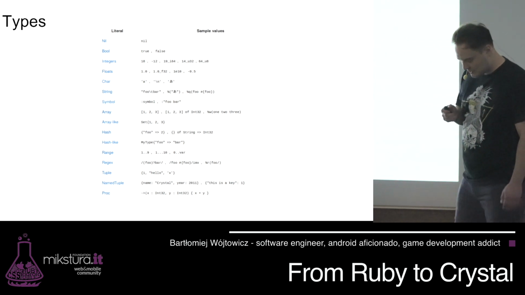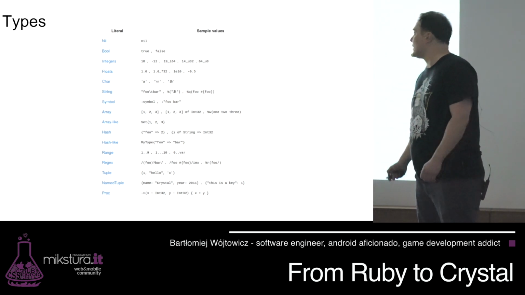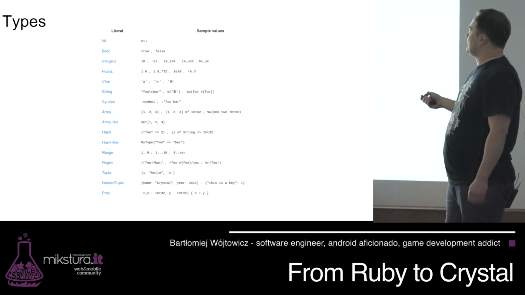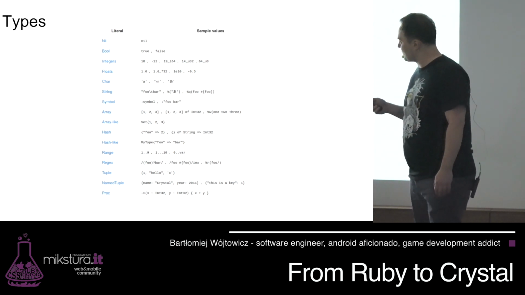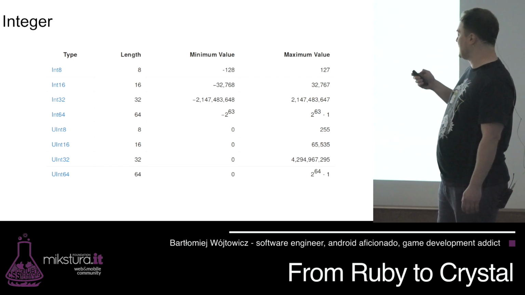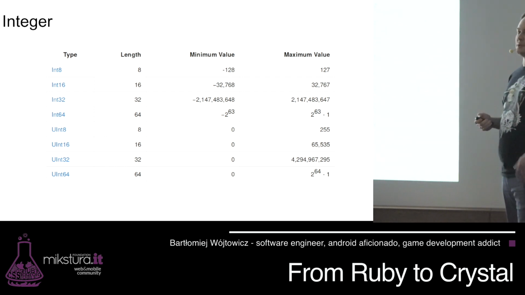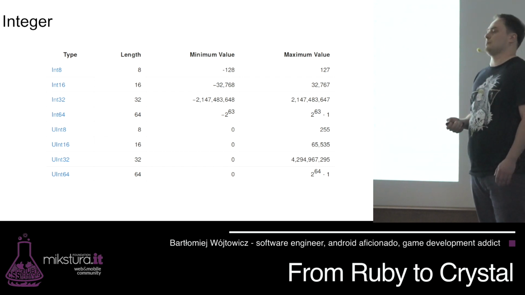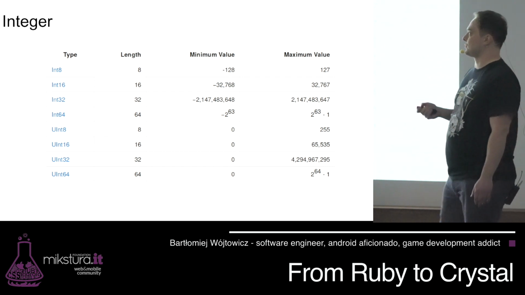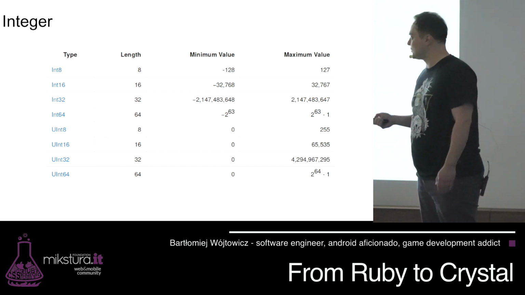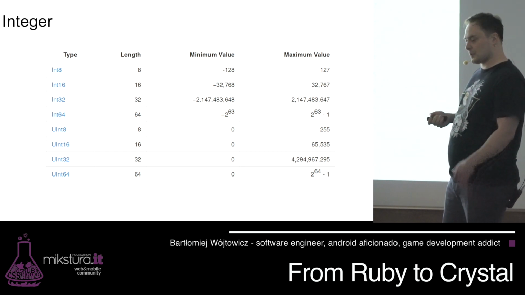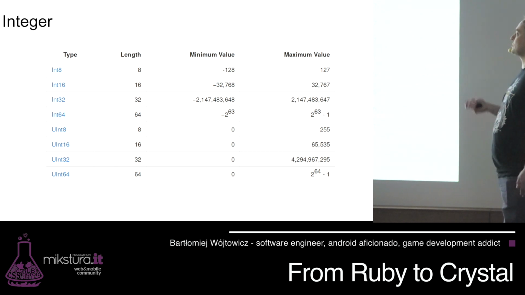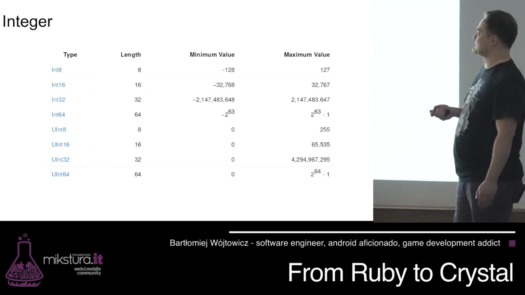Types. Okay, because Crystal is statically typed, there are a couple of types here. I will go through almost every one. Okay, so integer. In Ruby we've got Fixnum and Bignum, so we don't care about the range for the type. Here we need to remember that wherever we are using numbers, there is a range specific to it.